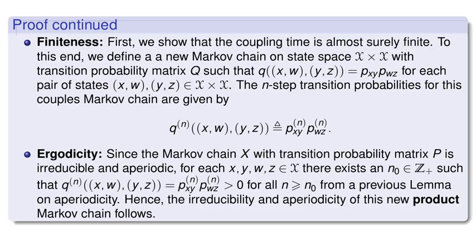Now for ergodicity of this product chain. Since the original Markov chain X with transition matrix P is irreducible and aperiodic, we know from a previous lemma on aperiodicity that for each set of states x, y, w, z in 𝒳, there exists some n₀ in ℤ+ such that q^n((x,w),(y,z)), which equals p^n_xy times p^n_wz, is greater than 0 for all n greater than or equal to n₀.